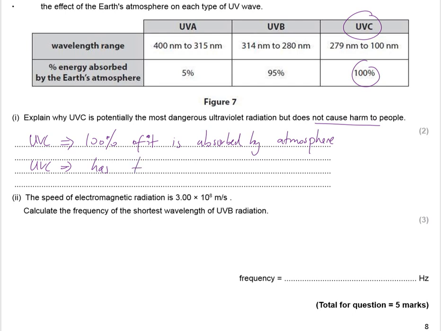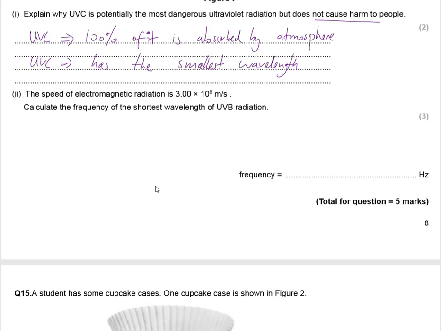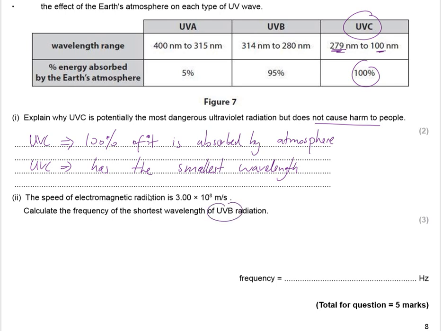Now UVC has the smallest wavelength. Look at the wavelength compared to the other one. That's why. Now here we're looking for UVC, which is the shortest one. So the wavelength is 2 nanometers.